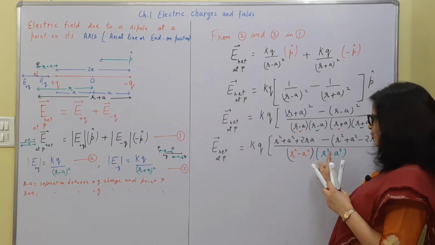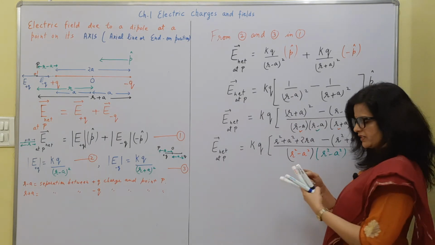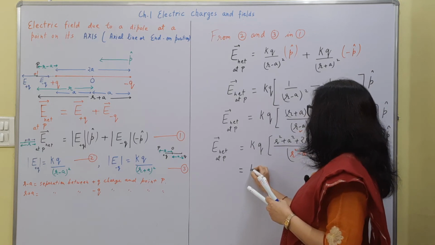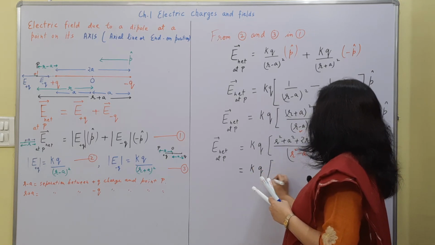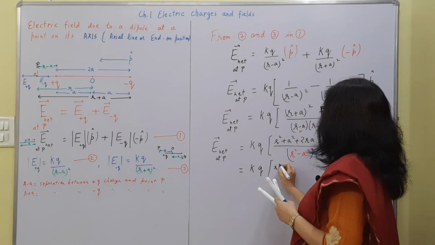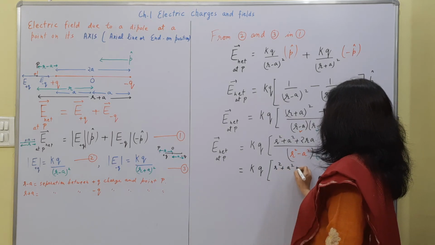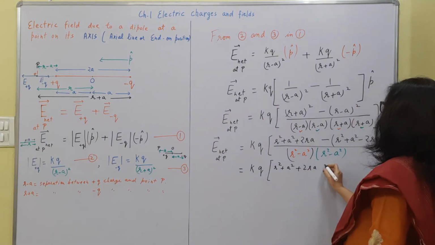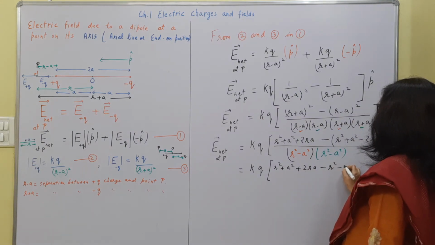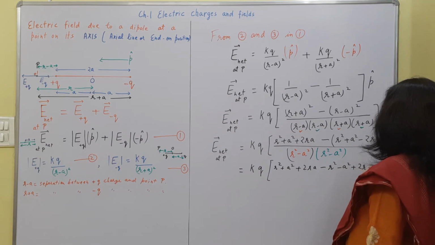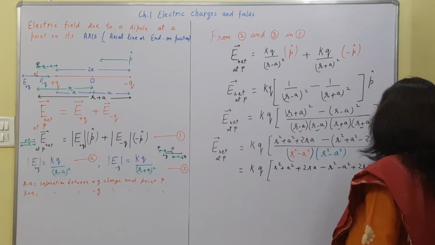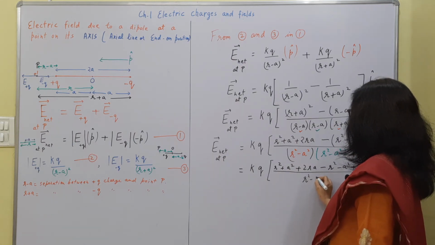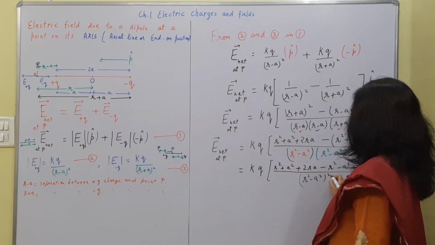I can write square of this term in the denominator. So this is K Q, and here I am not cancelling directly, I am adding one step to minimize the chances of mistake. Right? Once you are habitual, you will be able to write it directly. Right? And in the denominator, this will be R square minus A square to the power 2.